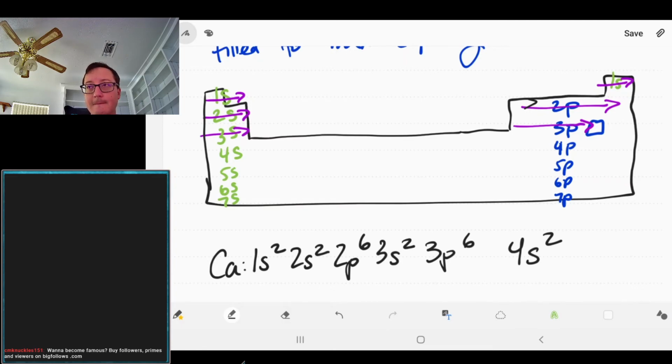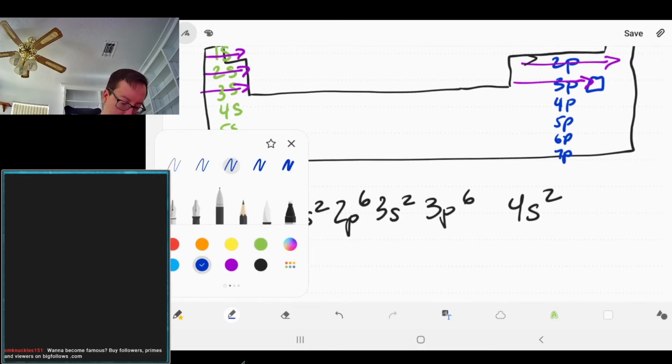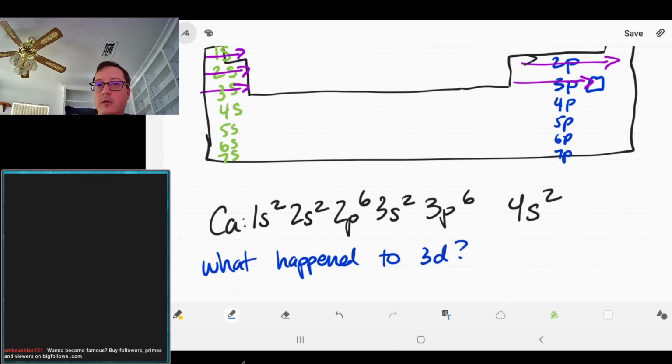Notice, though, something's a little strange here. What happened to our 3d orbital?